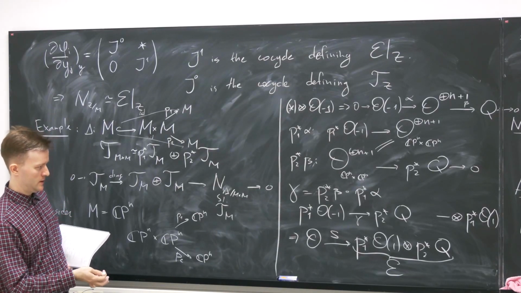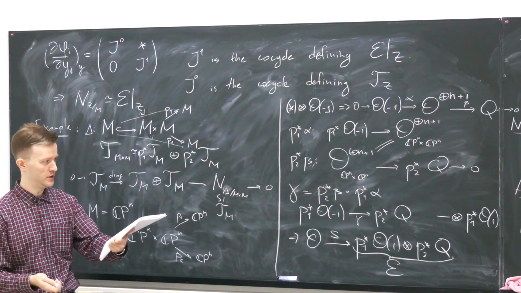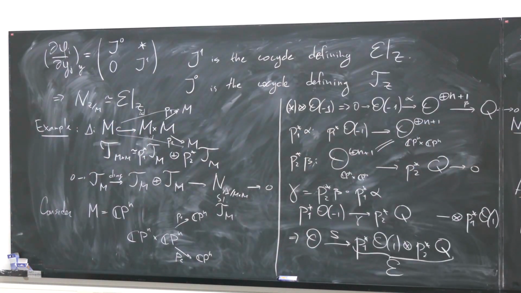So that's the only thing that one has to check somehow in coordinates, but I won't check this. So let me leave it as an exercise. Well, this is not difficult somehow to check.